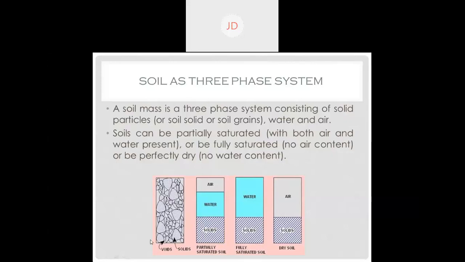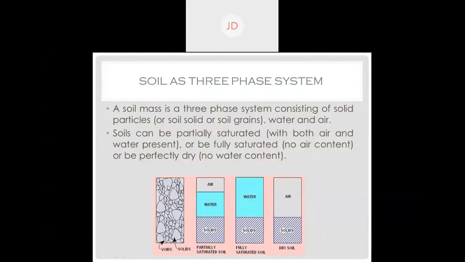So, in the first diagram, you can see some irregular shapes, isn't it? It looks like some boundaries, all individual, each having a different shape.